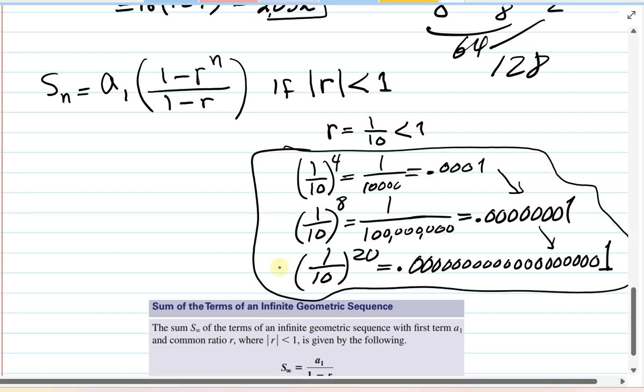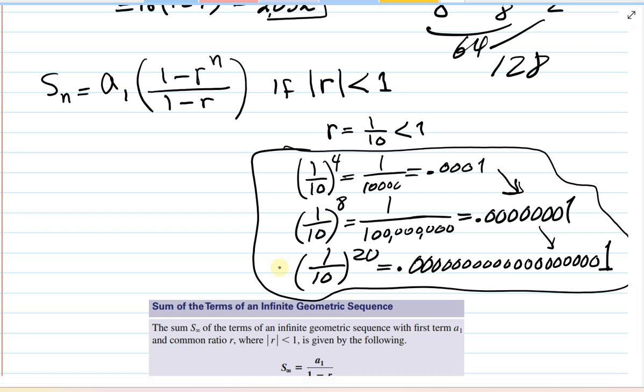So the takeaway from this: if the absolute value of the common ratio is less than 1, you can see how the part that is r to the n is eventually going to approach 0, isn't it? It's going to get smaller and smaller. So if the absolute value of r is less than 1, I can write the following: r to the n, I'm going to put an arrow, means it approaches 0.